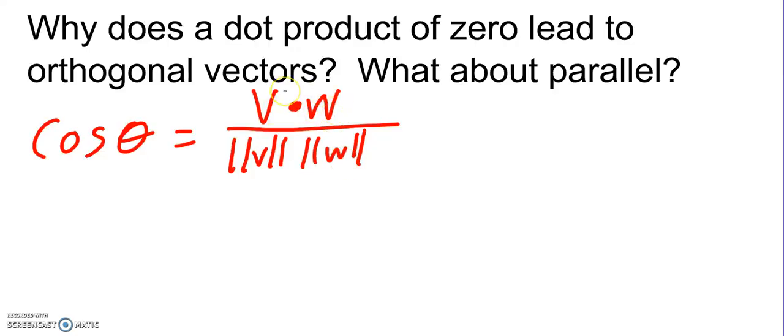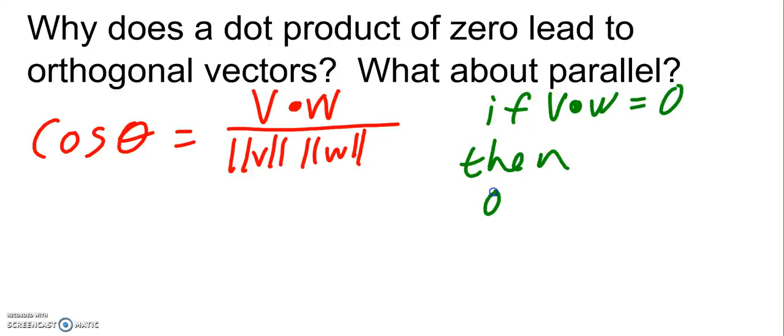But if the numerator is 0, so think about this, if v dot w equals 0, then 0 over magnitude v magnitude w also has to equal 0, right?